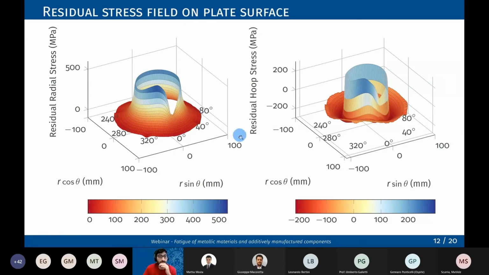So take care about this region, because the material here is affected by a double thermal process. So the material is changing, and we can also see from here that the residual stresses are changing.